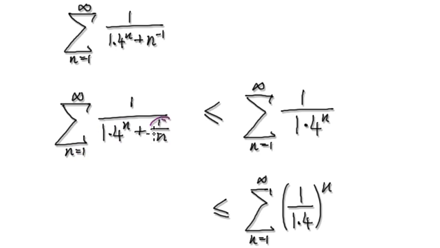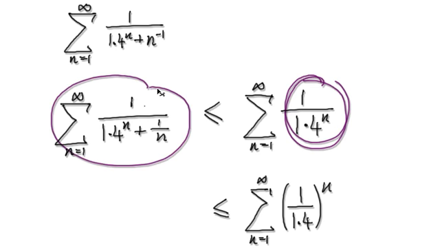If you look at the denominator, you've got one thing plus another thing. If you remove a positive amount from the denominator, then what's left will be bigger or equal to the original.